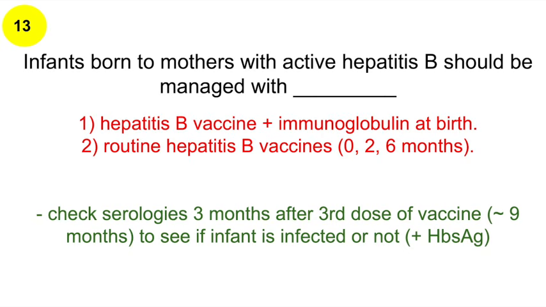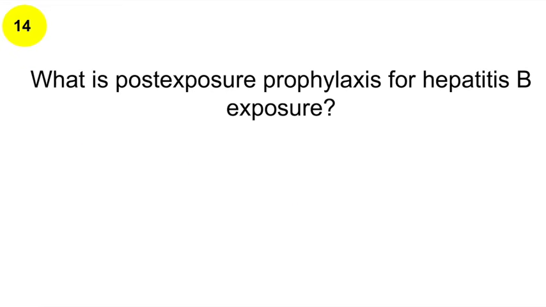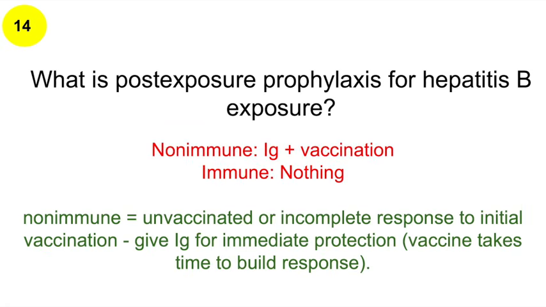What is post-exposure prophylaxis for hepatitis B exposure? So if you are non-immune, then you need to give immunoglobulin and the vaccine. However, if you are immune, then don't give anything at all.